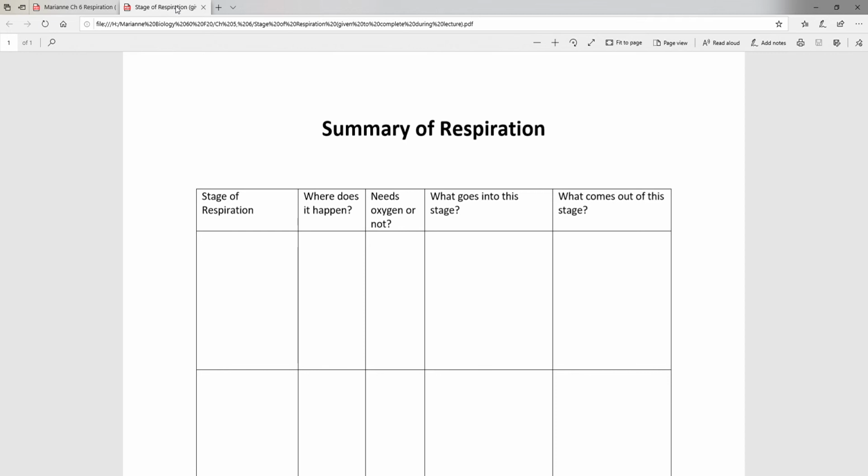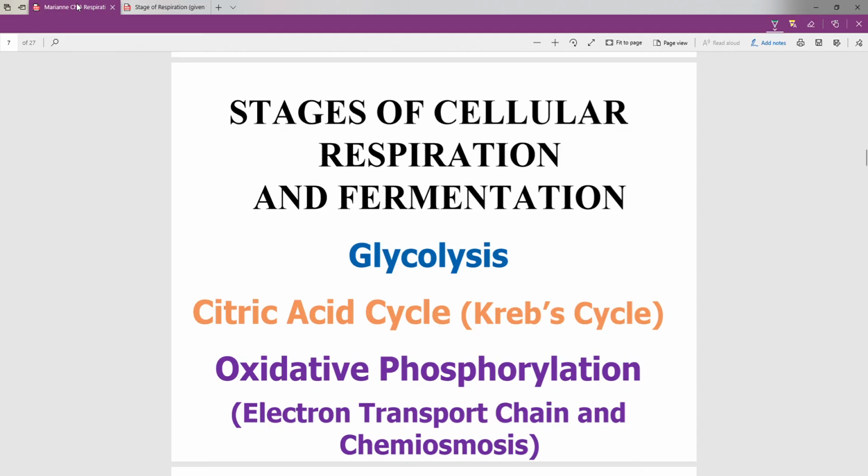It gives us a place that we're going to work on a key for this that summarizes our notes into maybe just a few words, and hopefully brings together a story of the 3 stages of glycolysis, because it should be a logical sort of narrative or story that moves from glucose to ATP and includes all the other components in that chemical reaction. So we want to account for the oxygen, we want to account for the carbon dioxide, we want to account for the water.